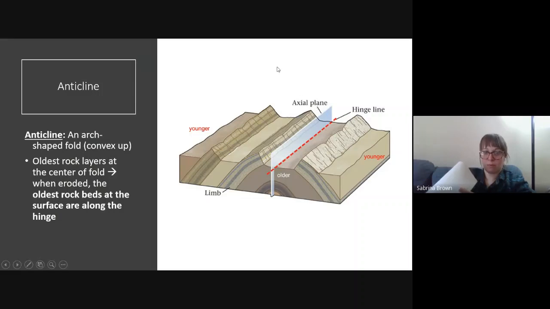So our arch used to come up and it's been eroded away over time. What we see is along our hinge, we have the oldest rocks. And as we move away from our hinge, our rocks get younger and younger. So the oldest rock beds at the surface, we find those along the hinge line when we have an anticline.